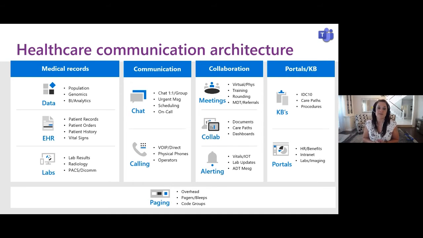On the left, you see medical records like population health, your EHR, your patient records, your orders, your lab results, your PACS systems. And then going towards the right, we have communication and collaboration, which we really feel that Microsoft's sweet spot sits in there. And then also portals and knowledge base.